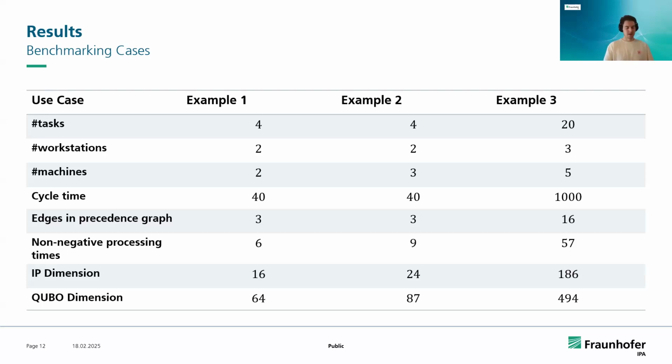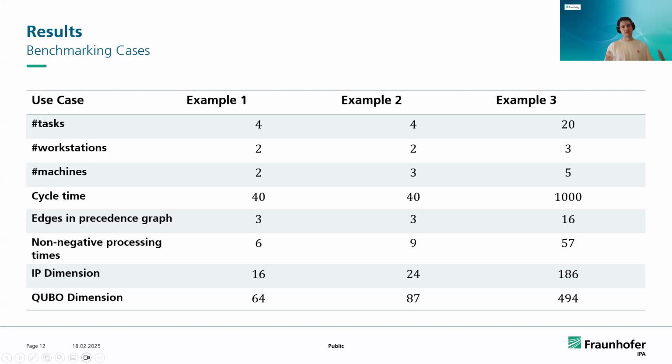As we all know, we can't directly map the QUBO to the quantum annealer because of connectivity issues. If we have some variables connected that are very far apart, we have to implement a chain of qubits to connect these two.